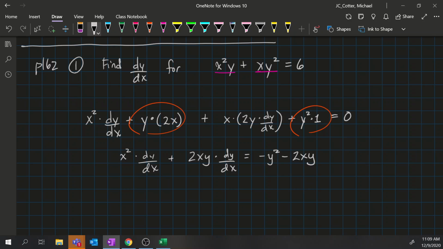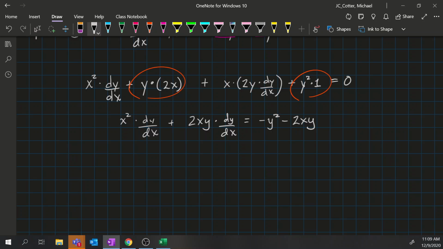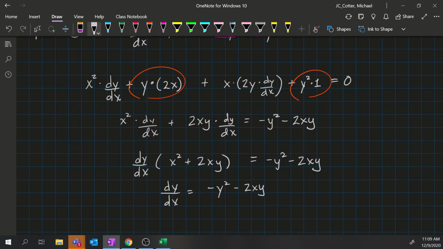So I just subtracted the orange things. Then I'm going to factor dy dx out. And then I'm going to divide by the expression in the parentheses on both sides. And that is it.